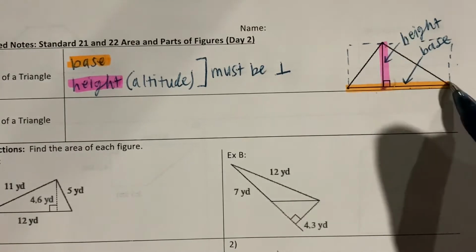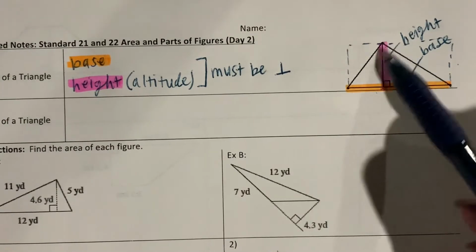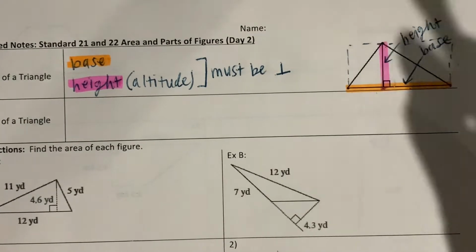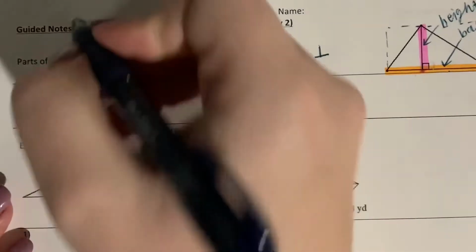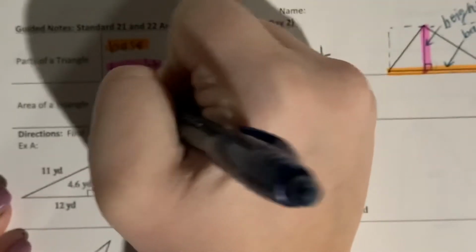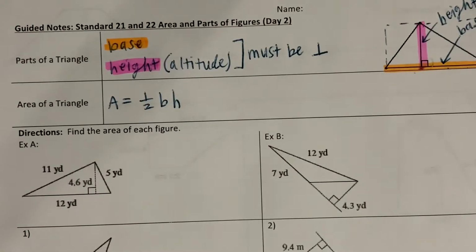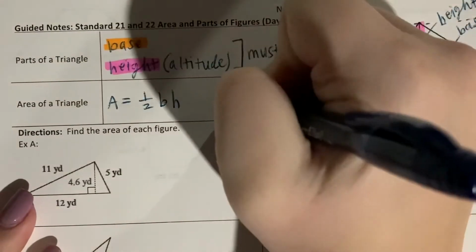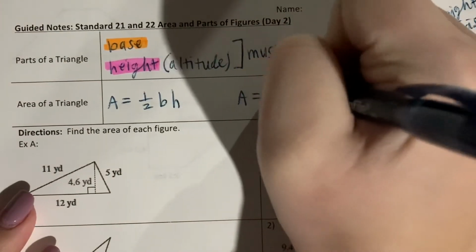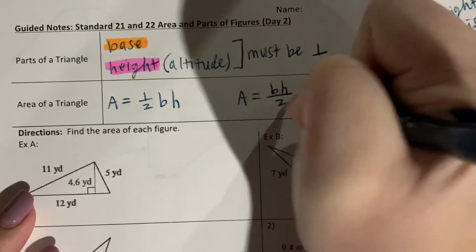So half of the flat surface of a triangle. So we could say that area of a triangle, capital A for area, is going to be 1/2 times our base times our height. There are a couple other ways you could represent this. You could say area equals base times height divided by 2.